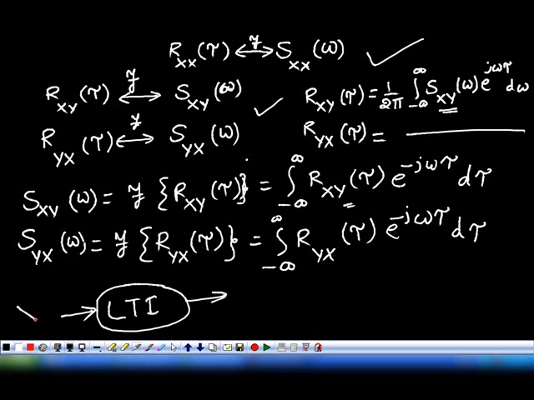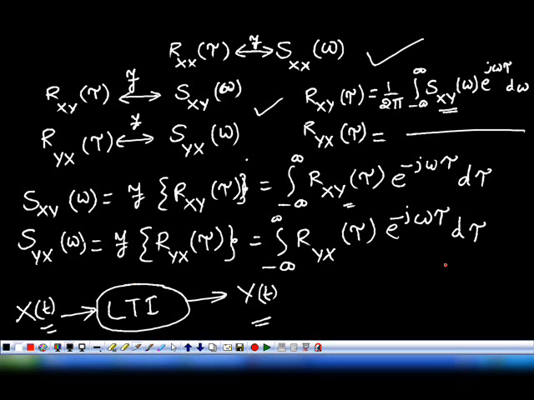If x of t is a random process, and we excite the linear time invariant system by it, the output y of t is also a random process. To analyze the system with random input and random output in the frequency domain, we use these quantities: the autocorrelation and cross correlation functions, power spectral densities and cross power spectral densities.